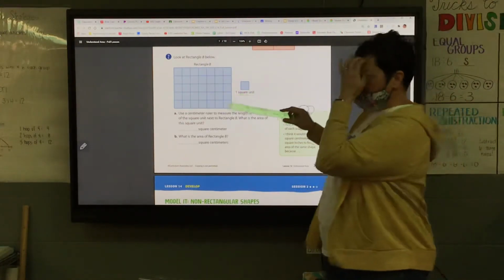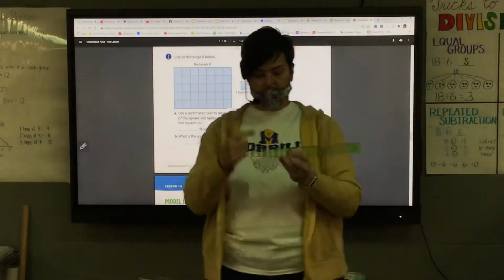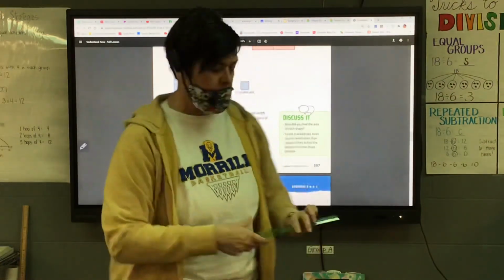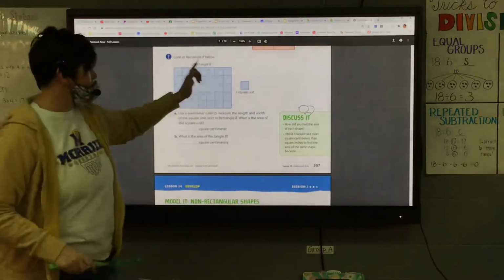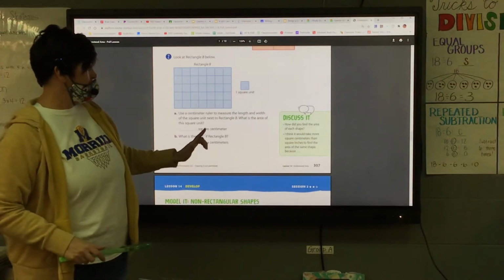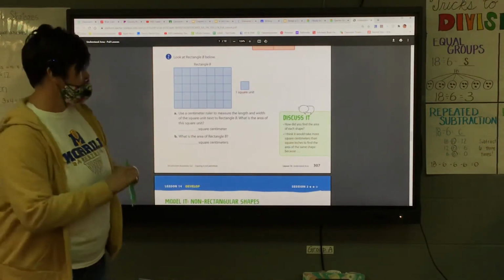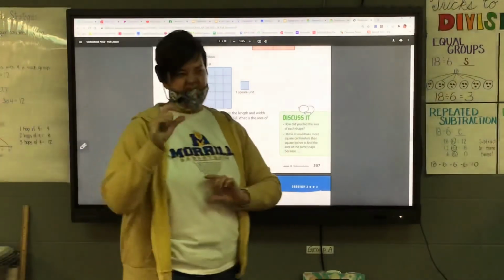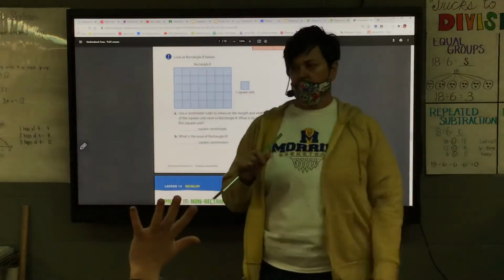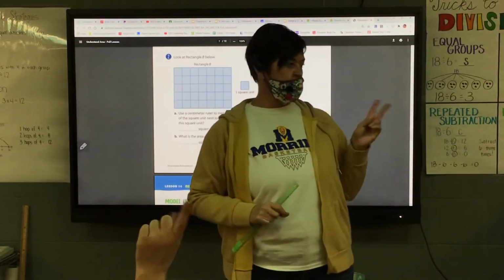Okay, so I'm using the closer together numbers, and I want you to measure the 1 square unit. How large is that square? Is it 1? Is it 2?